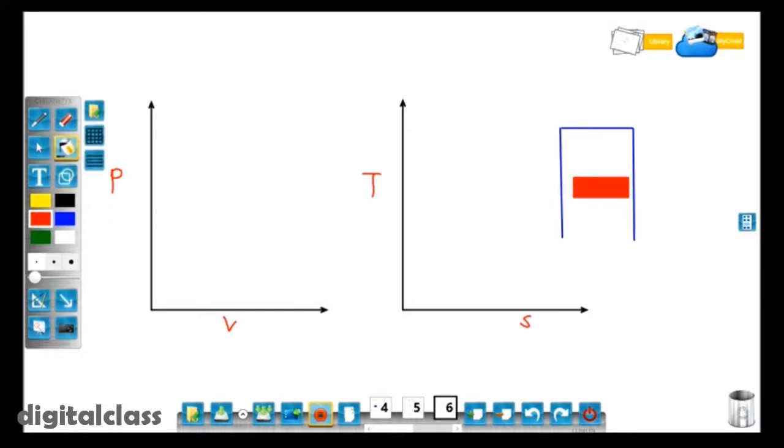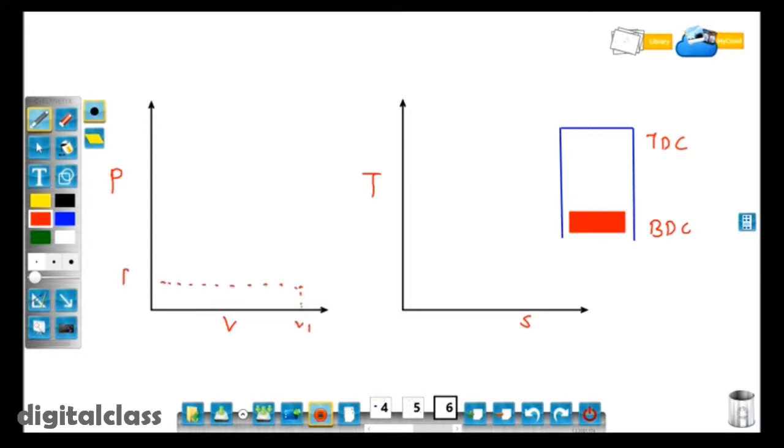So this is the piston and cylinder arrangement. There are two ends, that is BDC and TDC. At BDC, P1, V1 are the pressure and volume, and T1, S1 are the temperature and entropy. These are the properties at BDC. Similarly at TDC, P2, V2 and T2, S2 are the properties, shown on both the PV and TS diagrams.